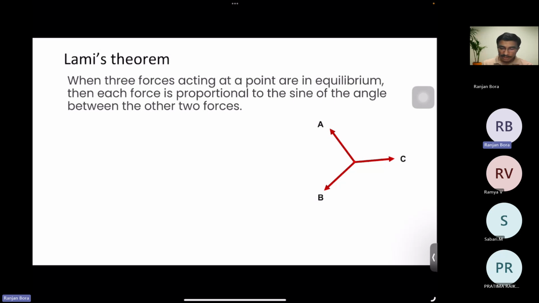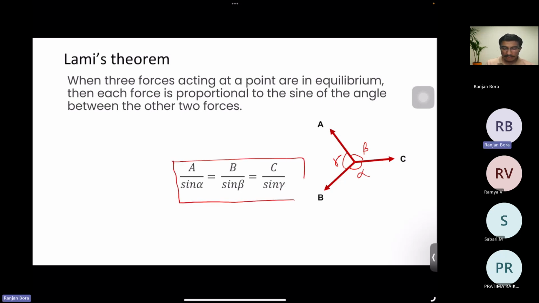If we consider the angle between force B and C as alpha, then C and A is beta and B and A is gamma. This is the relation: A divided by sine alpha equals B divided by sine beta equals C divided by sine gamma.